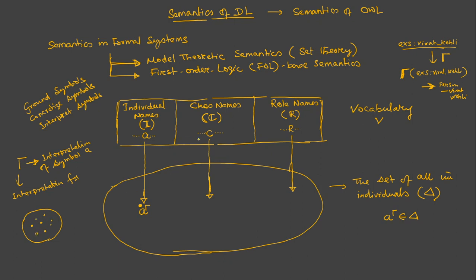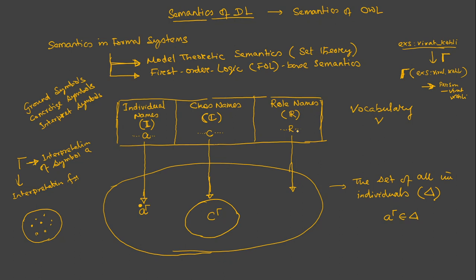So we can represent this C, we concretize this C, or we ground this C, or we interpret this C as a set which we call C superscript gamma, which is basically the result of applying this interpretation function over this C, right?